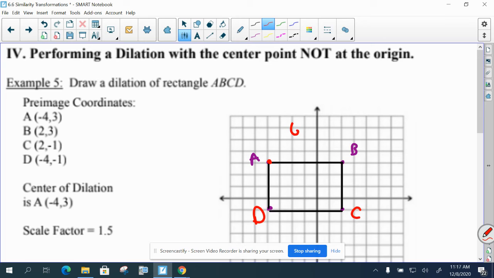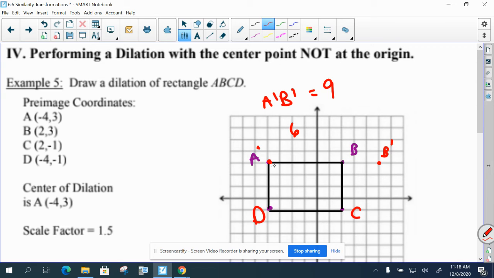So if AB is 6, then A prime B prime is going to be 1.5 times that, which is 9. So this B prime should be 9 units away from A prime, which is the same thing as A. So 1, 2, 3, 4, 5, 6, 7, 8, 9.